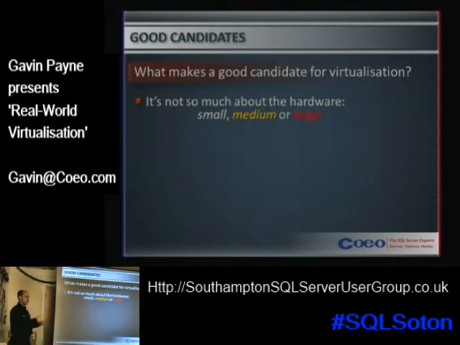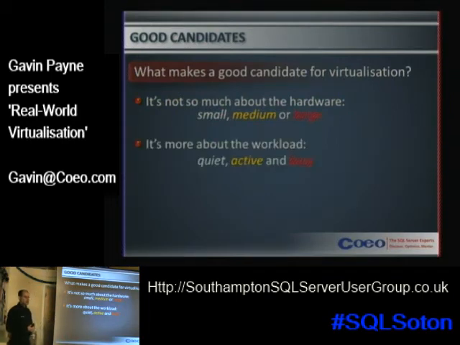So they're very different types of workload when it comes to saying what makes a good candidate for virtualization. People often ask, is it small, medium, and large? The actual answer is that it's more about the workload. So it's about quiet, active, and busy. If you're a web developer and you're being told that you need to host your software on virtual web servers, you need to consider what the workload is.